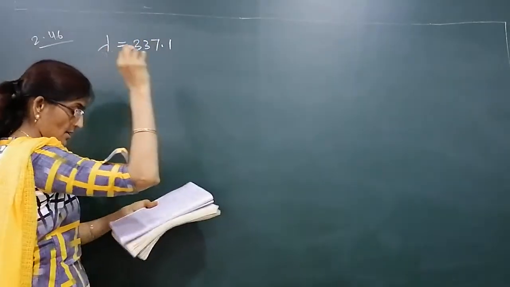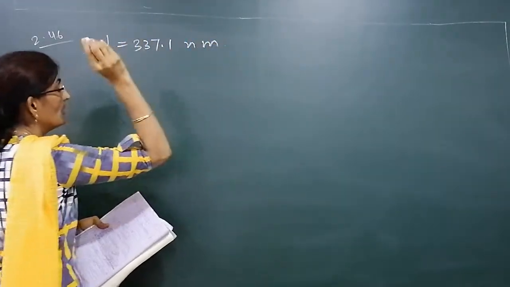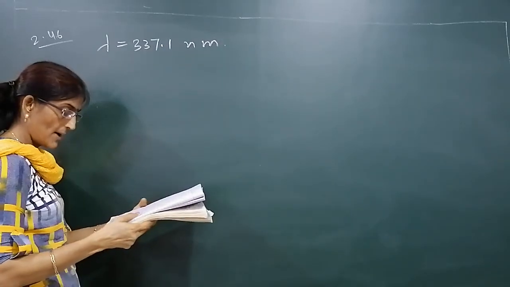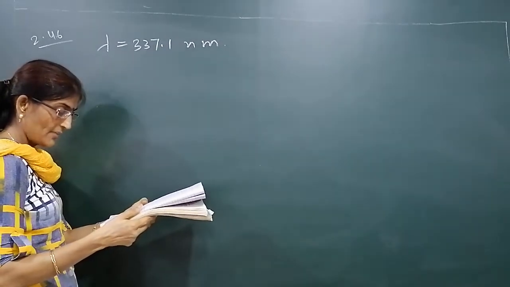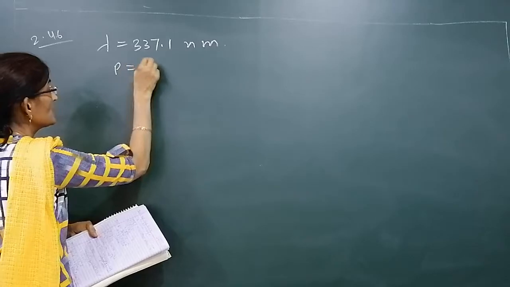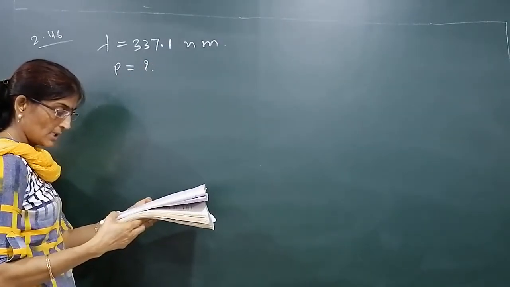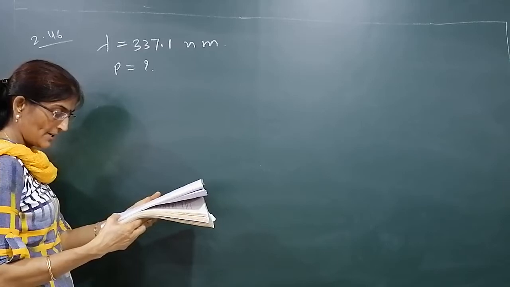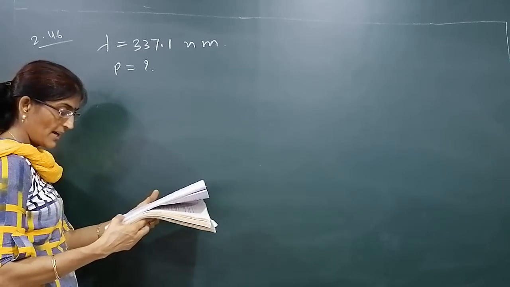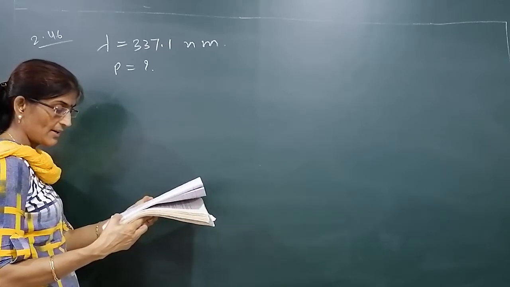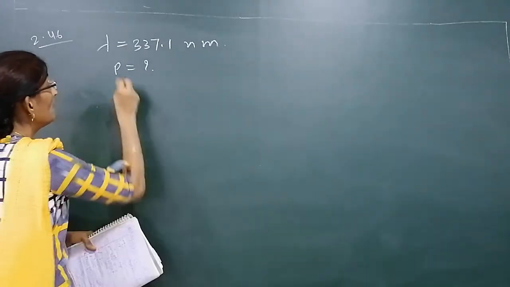Just note it down, nanometer. And the total power of the laser we have to determine. Power of this radiation we have to determine. It is also given that the total number of photons is emitted. Lambda is given, we have to determine power, P. What is P?